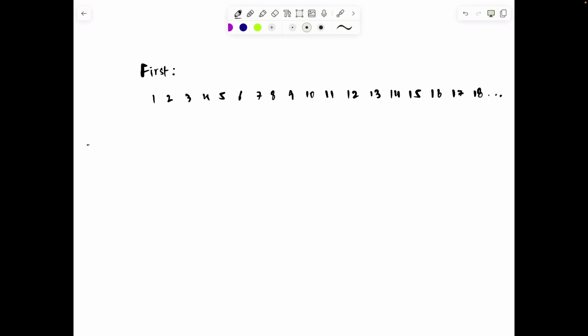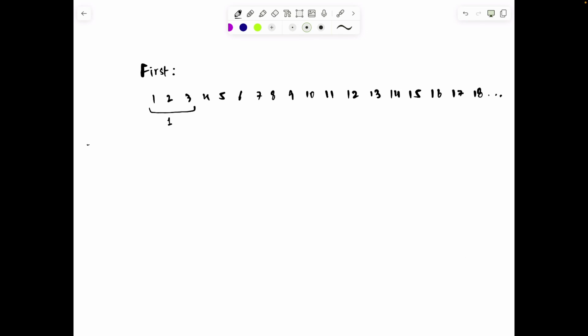So these are the numbers. You need to first observe one thing. The first three numbers will require one operation to reduce them to 0. So 1 by 4 is 0, 2 by 4 is 0, 3 by 4 is 0.